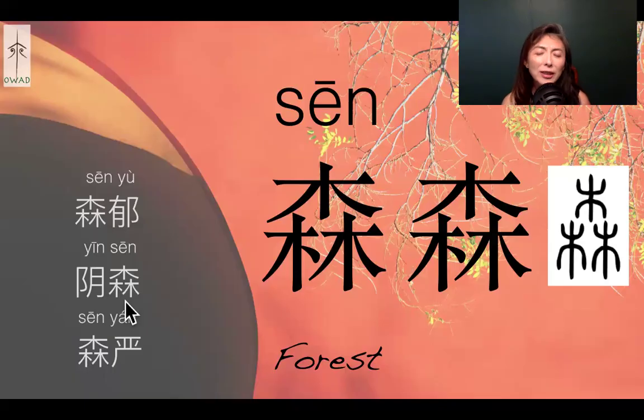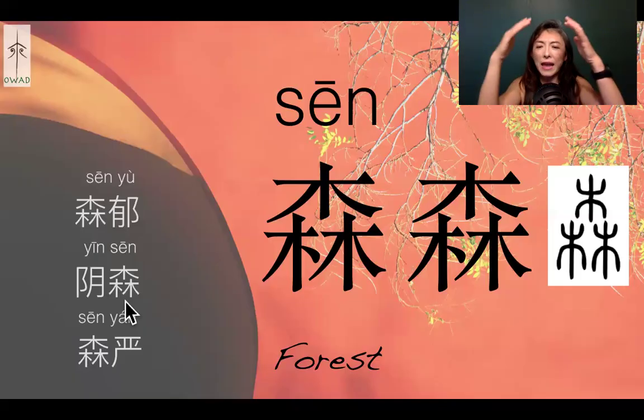The lighting condition is so bad, it's almost like being in a deep forest with multiple layers of canopies where you hardly get to see the sunlight. Direct sunlight is a rarity in a well-grown, thriving forest, right? And so yin sen describes the feel that you hardly get any light from where you are because you are well covered, as if covered by a dense forest.